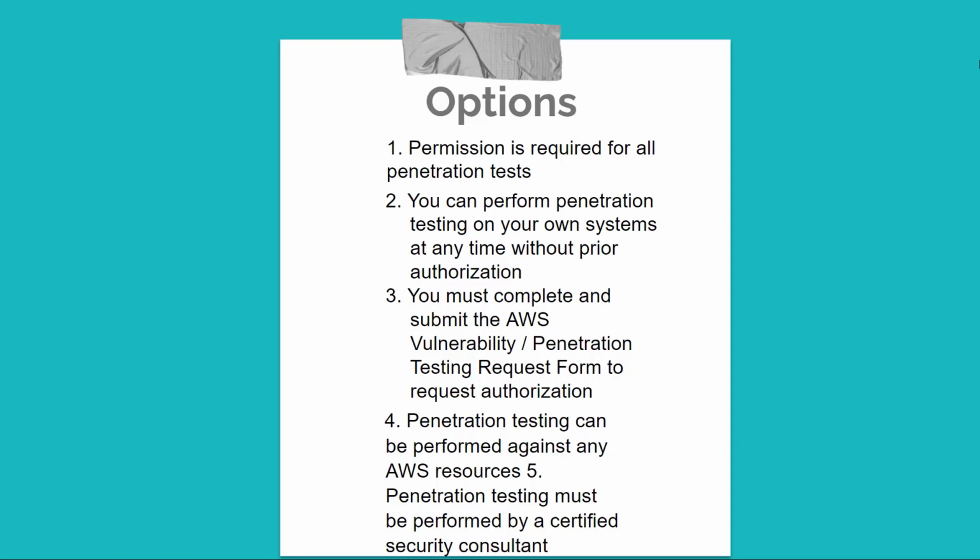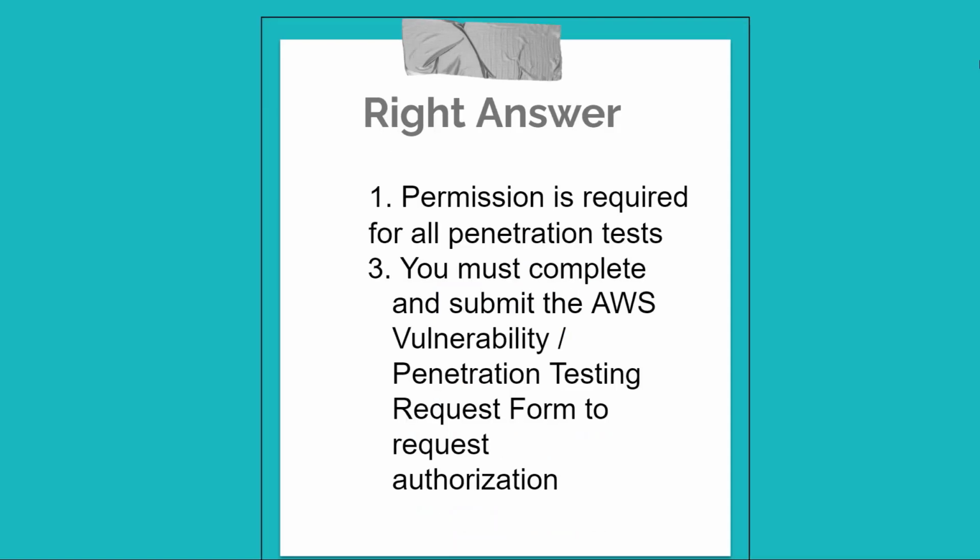Penetration testing can be performed against any AWS resources. 5. Penetration testing must be performed by a certified security consultant. Right answer is 1. Permission is required for all penetration tests. 3. You must complete and submit the AWS vulnerability/penetration testing request form to request authorization.